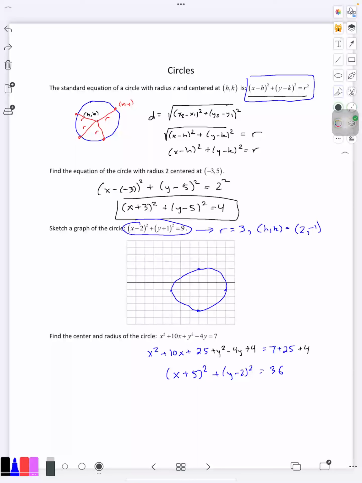So now we have a radius of 6 and a center at (-5, 2). So occasionally you do have to use completing the square here, but this helps us find the center and radius even when it's not in standard form. And this is pretty much all we are going to need for circles right now.